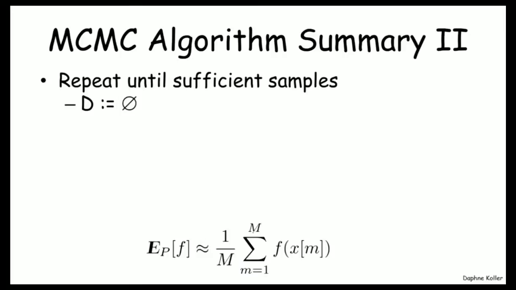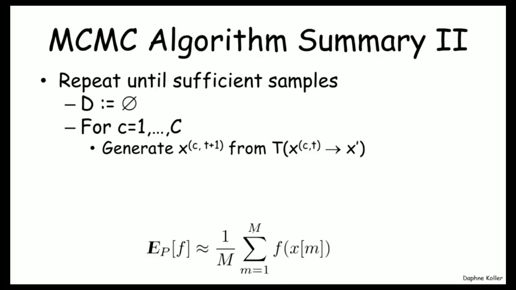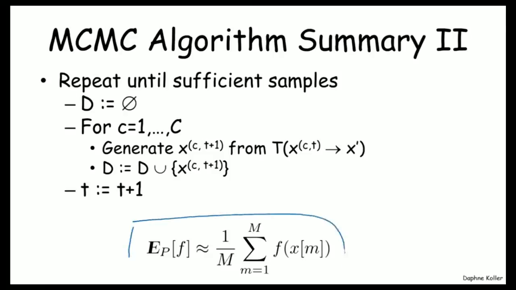So I start out with an empty sample set, and then for each of my chains, I generate a sample, and I put it in my sample set. I repeat until I have enough samples. And then finally, when I've collected enough samples, I can go ahead and compute the expectation of anything that I care about, whether it's an indicator function or a more complicated function.